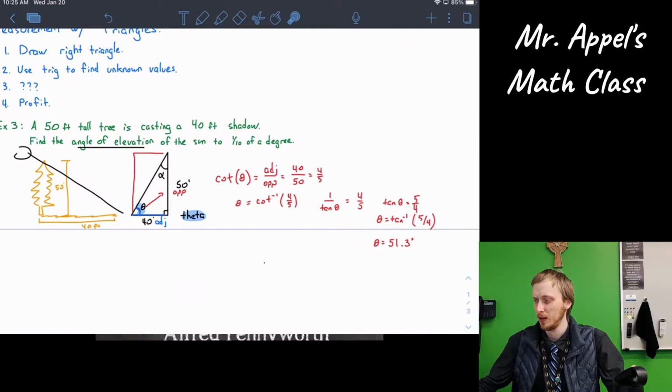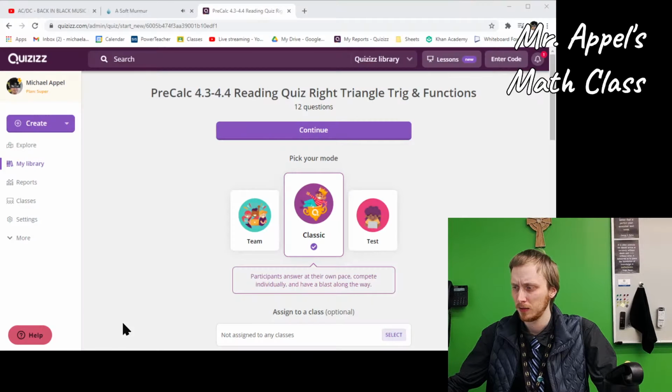All right, then take out your notes. It's time for quizzes. We've got 12 questions from both sections, both right triangle trig and general trig functions, from 4.3 and 4.4, both sections that you read this weekend.